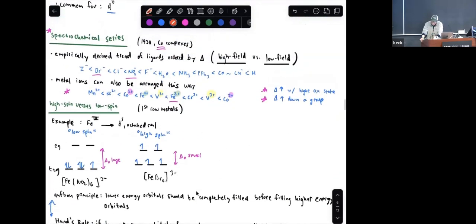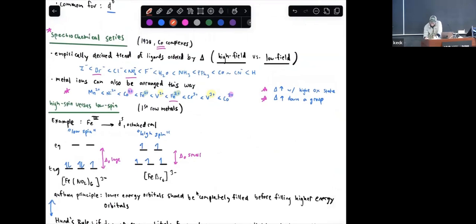You see cobalt 3 is pretty far to the right on this spectrochemical series in terms of metal, and then the two ligands are kind of in the middle.